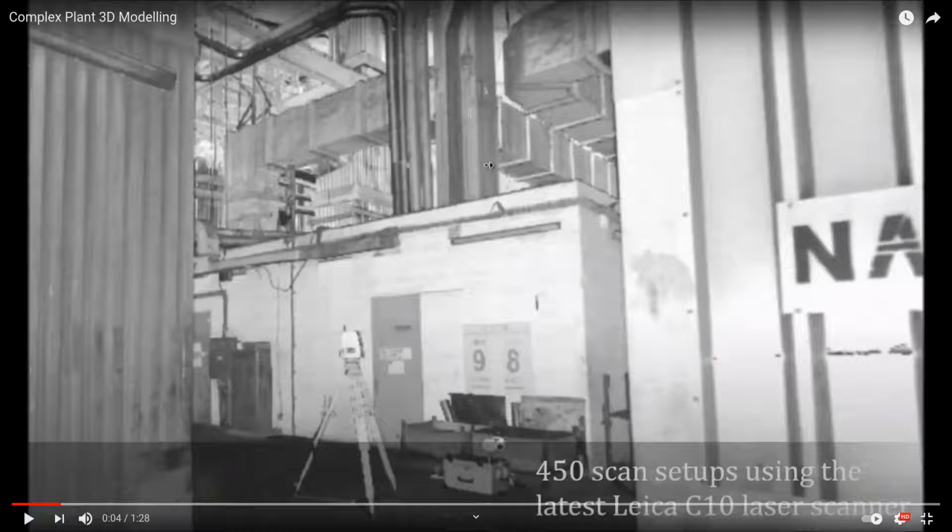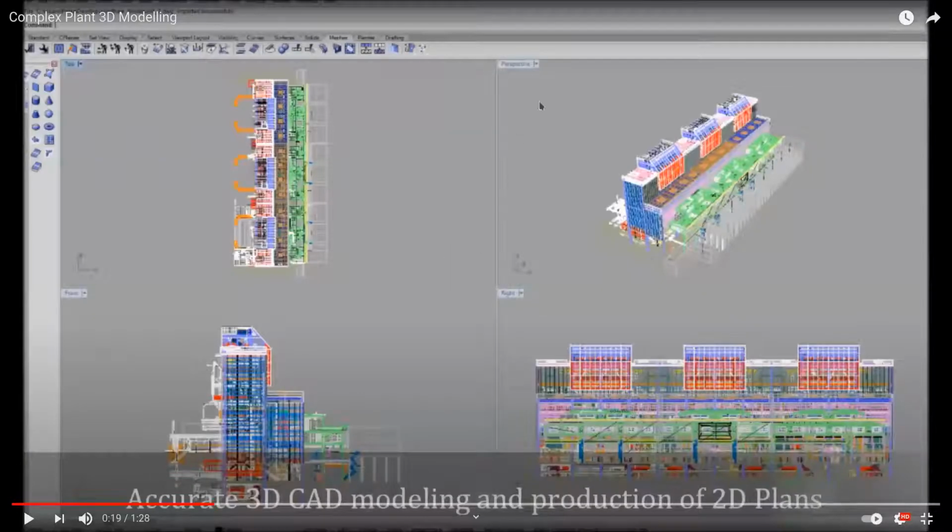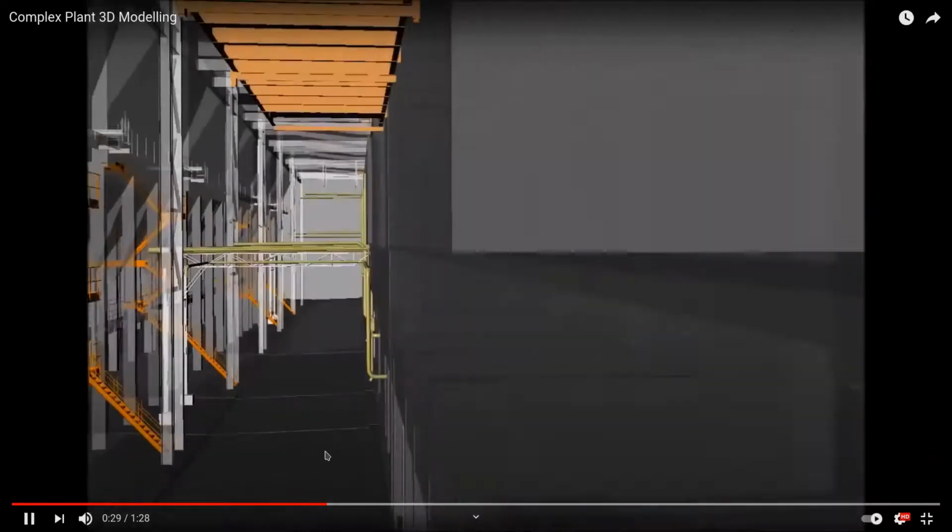At a later stage, based on this point cloud, a color CAD model is built. Yeah, this one. The color CAD model is built and the fully built CAD model is shown then. This is accurate 3D CAD modeling and production of 2D plans.